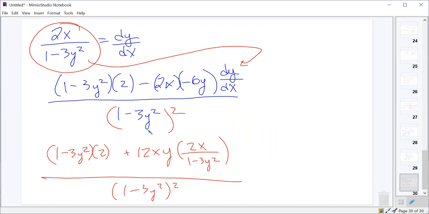I forgot to put that denominator squared the first time, but it should be squared. You don't need to simplify it any further than this.